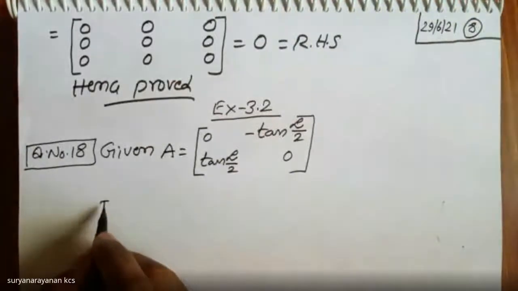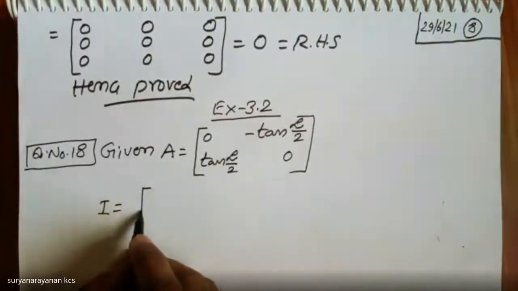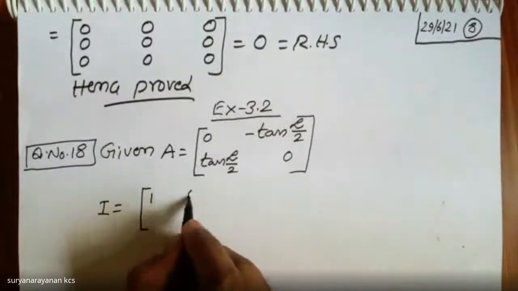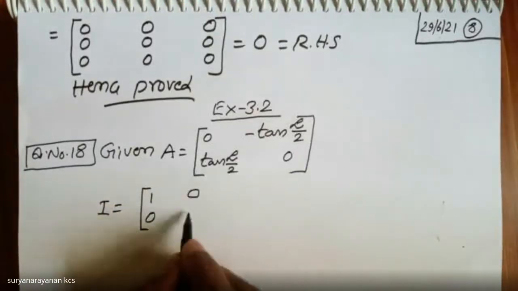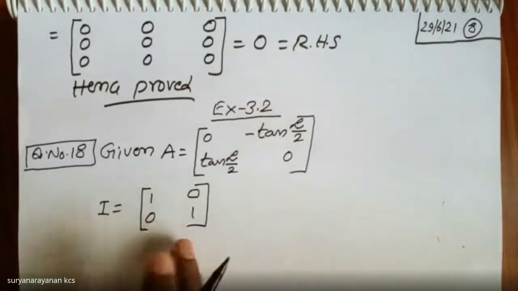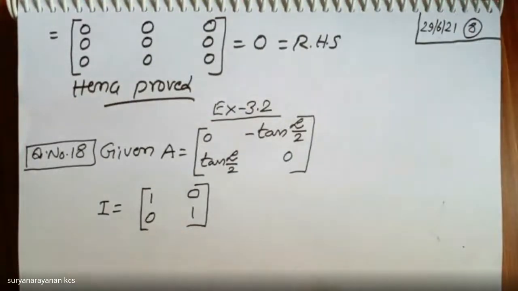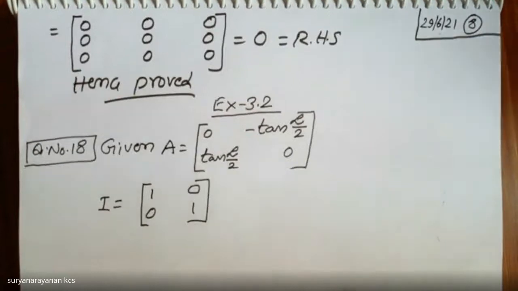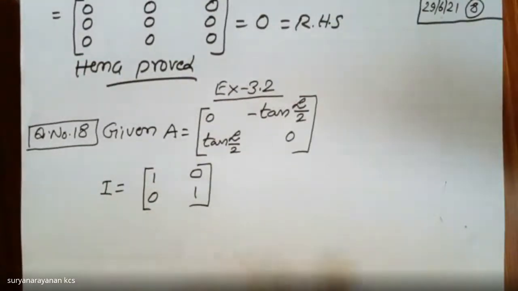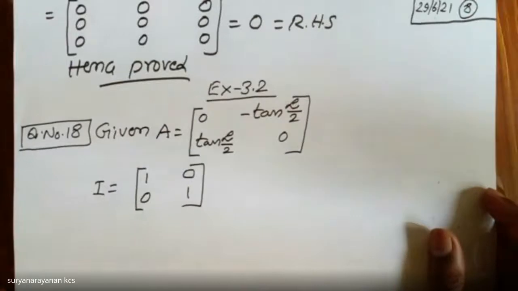So here I is equal to the identity matrix of order 2, which means 1 0 0 1. You have to remember this point. They have not given this matrix directly. Just in the form of a sentence, it is given that capital letter I is the identity matrix of order 2. So you have to remember this point. Okay.